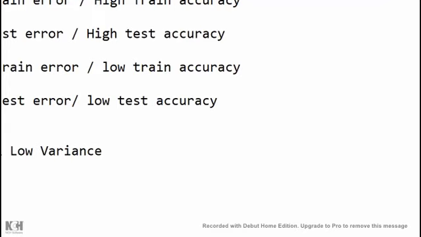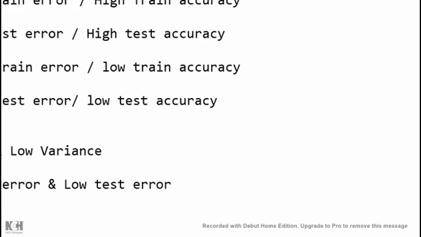low bias. What is meant by low bias? Low train error and low test error. It should have low train error and low test error. Both errors should be low. And error should be low means, indirectly, accuracy should be high.